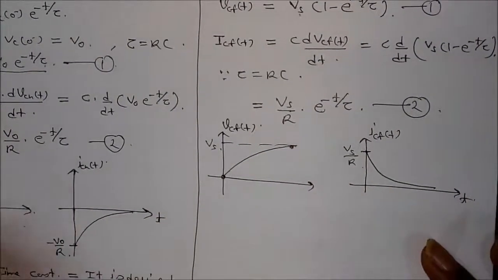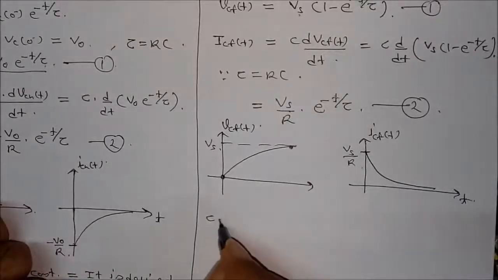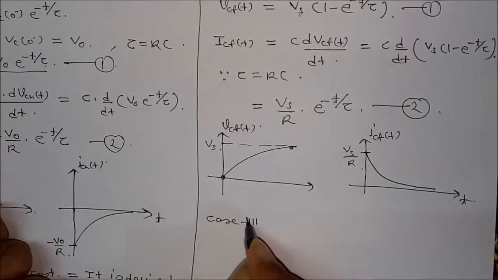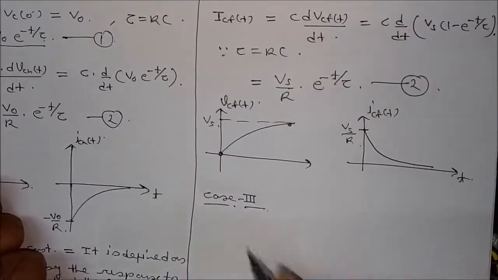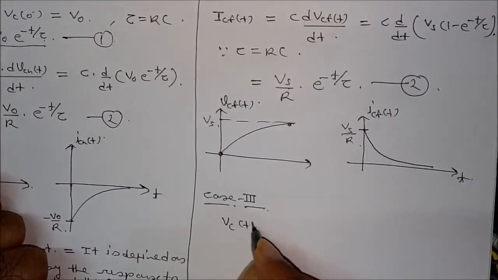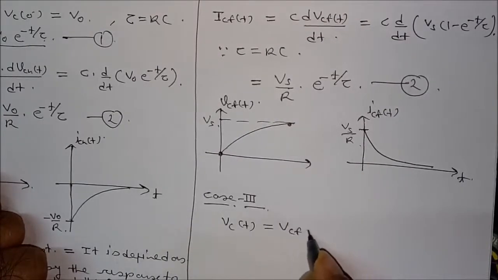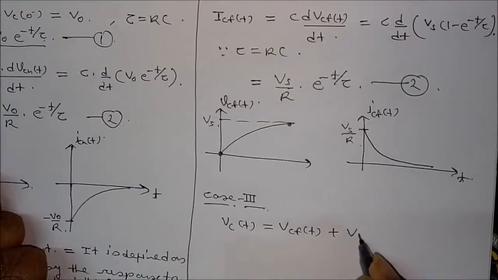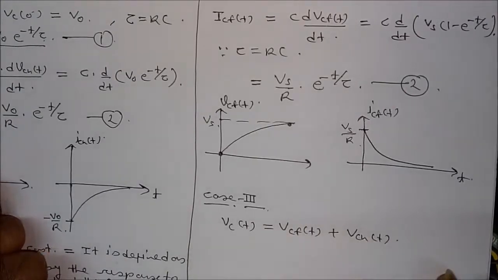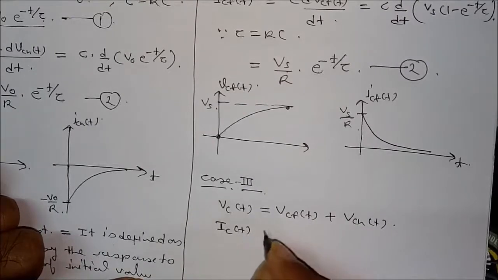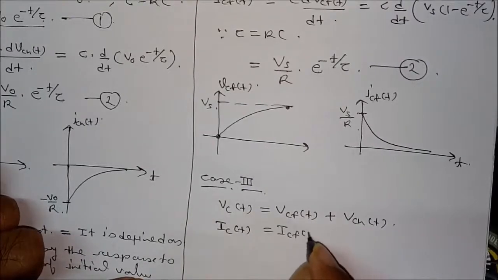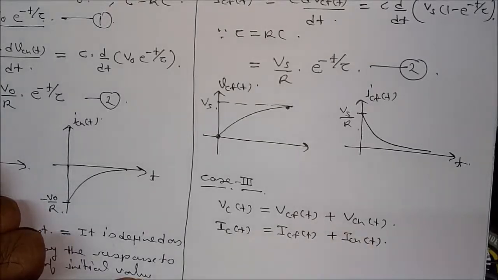Now case third, the total response of the system, which is due to both the initial condition and the supply: Vc(t) will be Vcf(t) plus Vcn(t). Similarly, Ic(t) can be written as Icf(t) plus Icn(t). Is it okay?